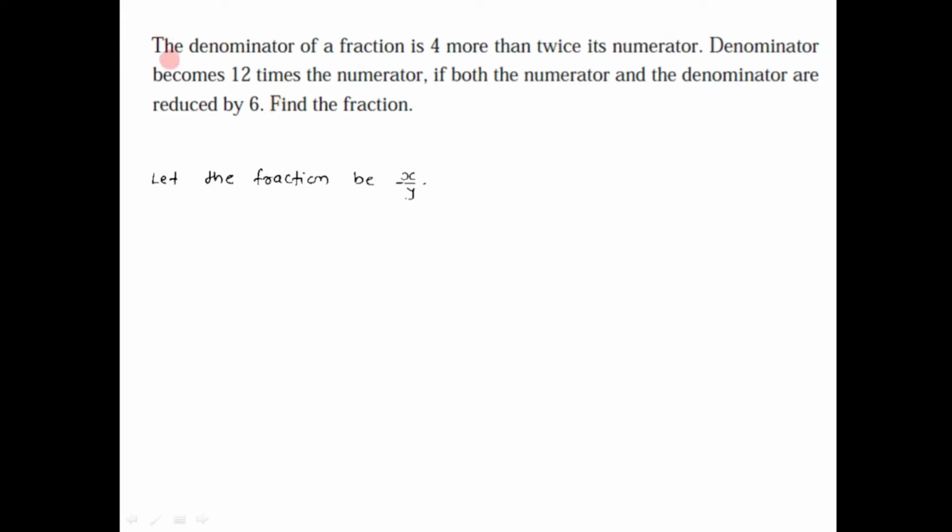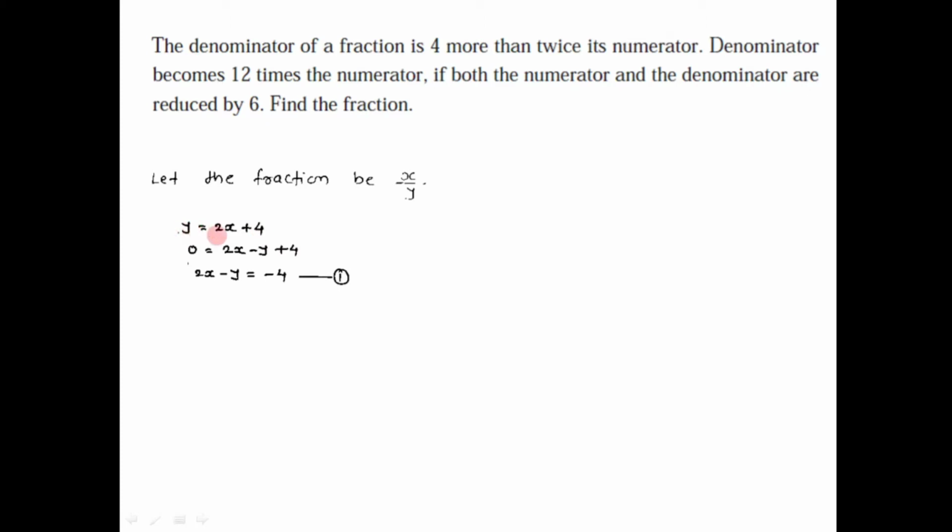For that, firstly, we should use the first information given to us. The denominator of a fraction is 4 more than twice its numerator. By that we can write y is equal to 2x plus 4, because y is the denominator which is 4 more than twice the numerator. As the numerator is x, we make its double, that is 2x, and the denominator is 4 more than that, so we add 4 to it.